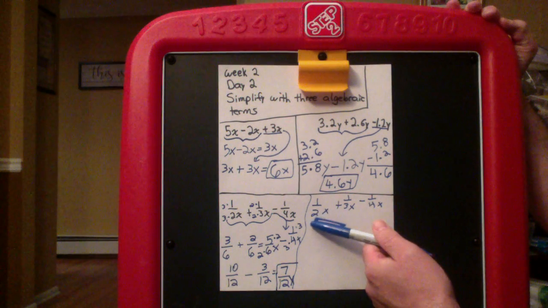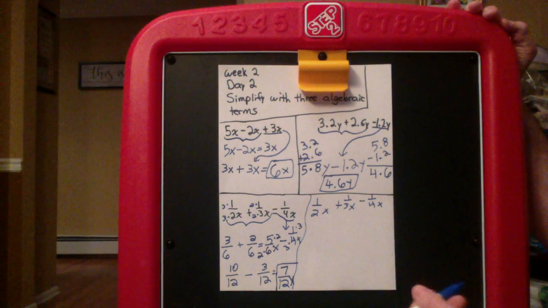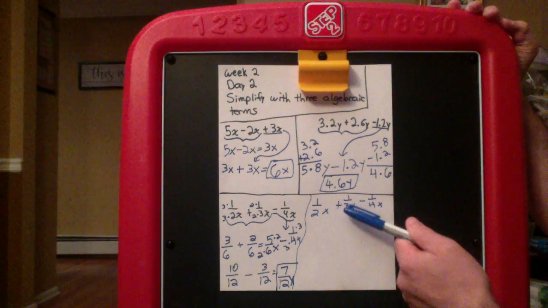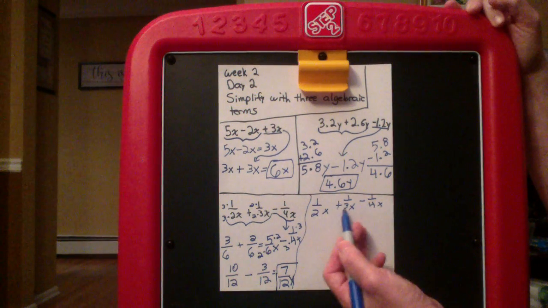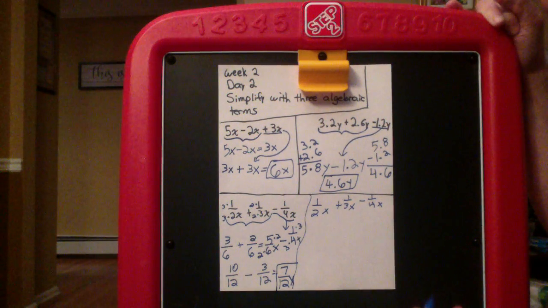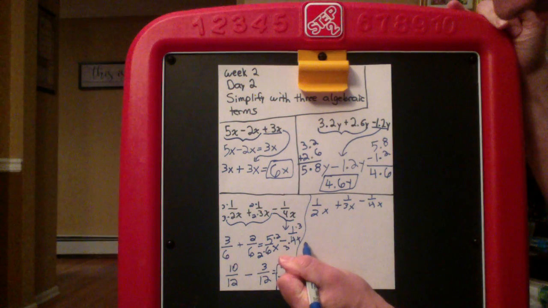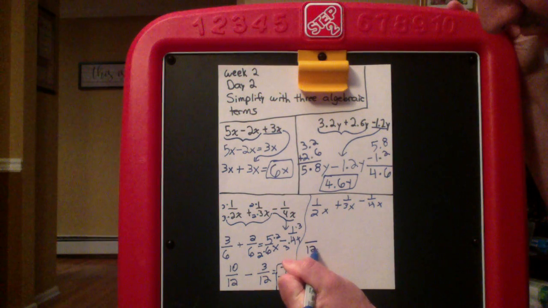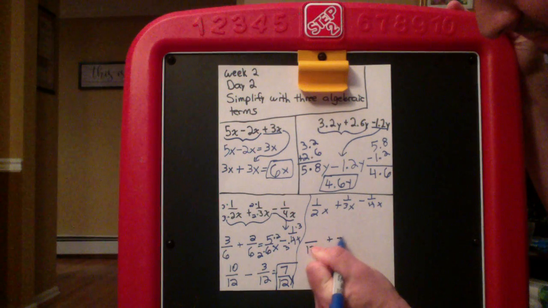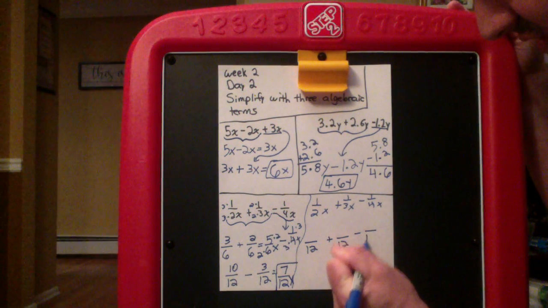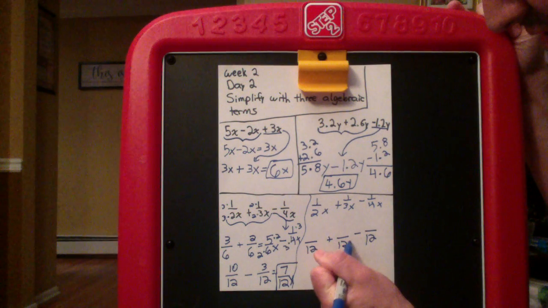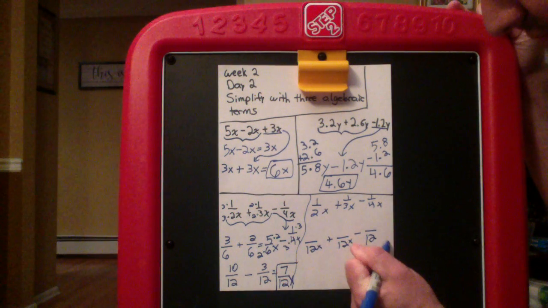A common denominator for all three terms is the lowest number that 2, 3, and 4 all go into. If you want to multiply all three together, you can. But I'm going to look at it and see that they all go into 12 evenly. So 12 would be my least common denominator. Let's put a little x in there for all of them.